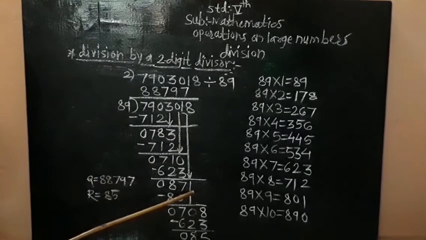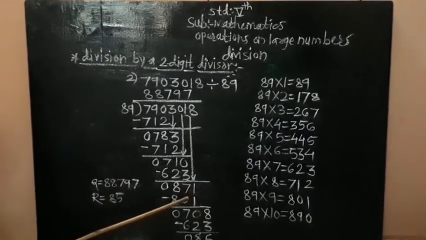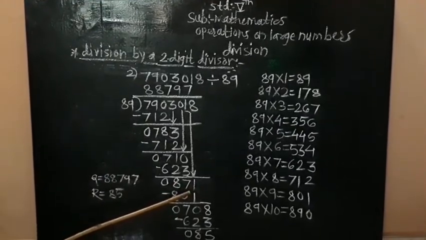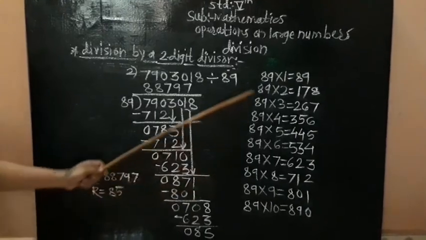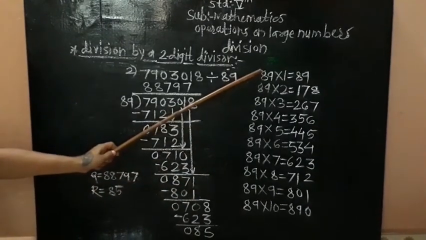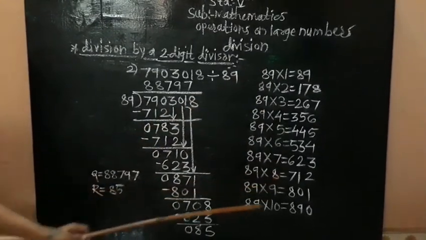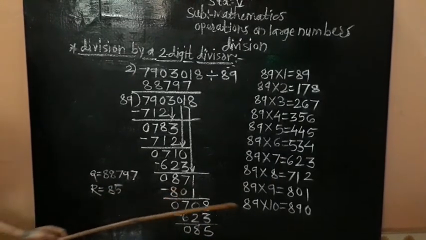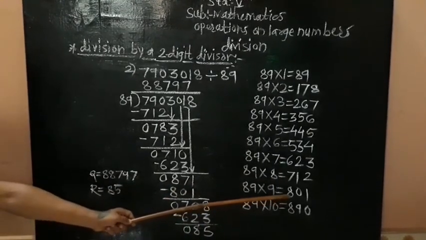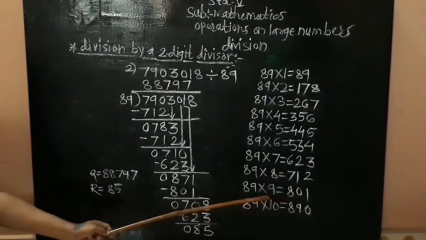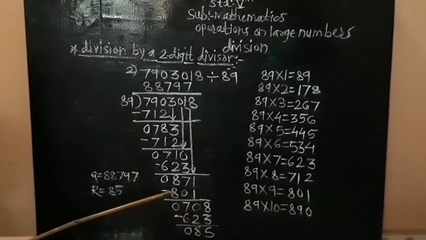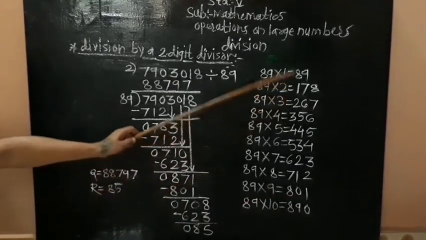So I bring down 1, and the new number is 871. Again you can see in 89's table which is the smaller number than 871. You know that 801 is smaller than 871 in 89's table.